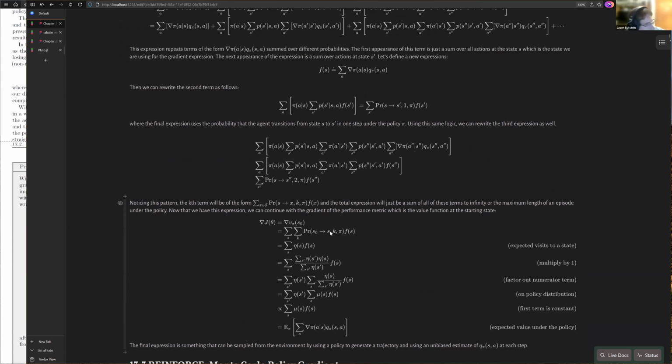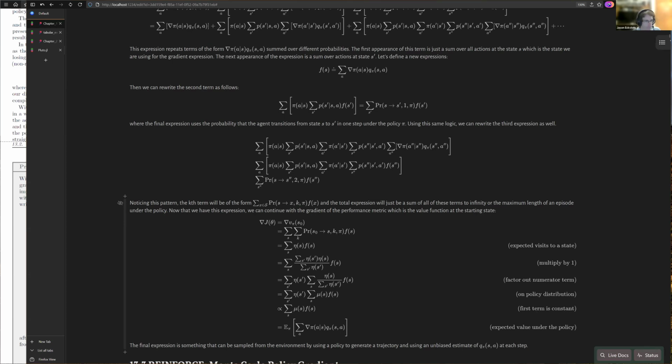So this just means I'm adding up all these F terms at all these possible states S times the probability of transitioning from the original state S naught to the state S in K steps.